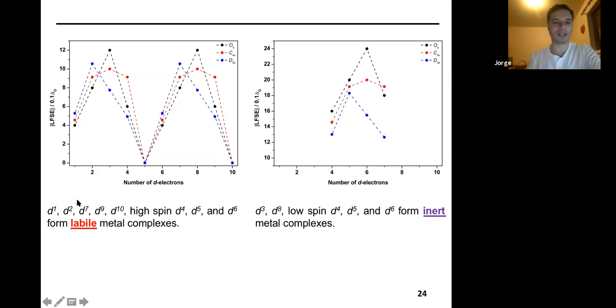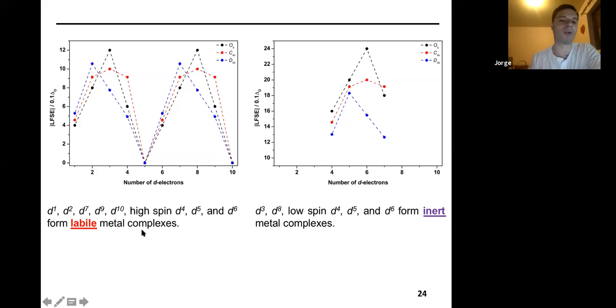As you can see here, the D7 configuration is labile, while D6 may be labile or inert. In most cases, the cobalt complexes are low spin, and therefore will be less reactive than cobalt 2 plus.